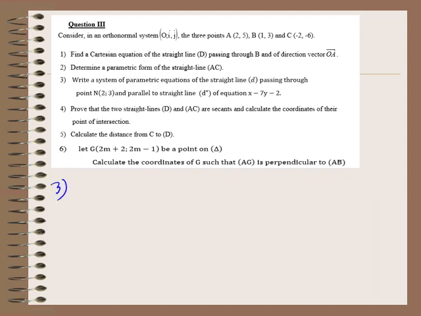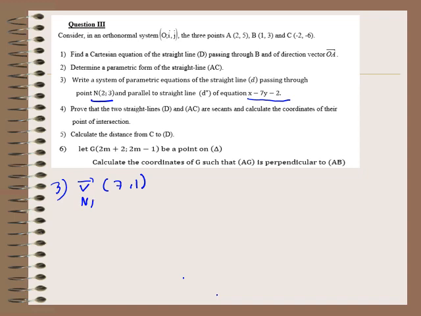Part 3. Write a system of parametric equations of line D passing through N and parallel to line x minus 7y minus 2. Parallel to V double prime, so same direction vector. So V double prime, you can find vector V is (7, 1).